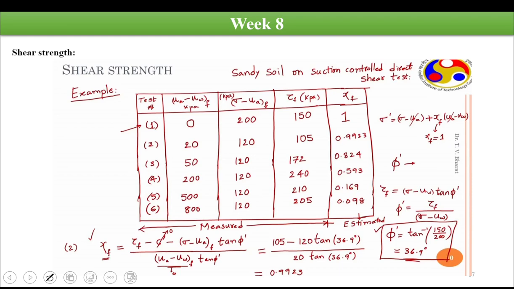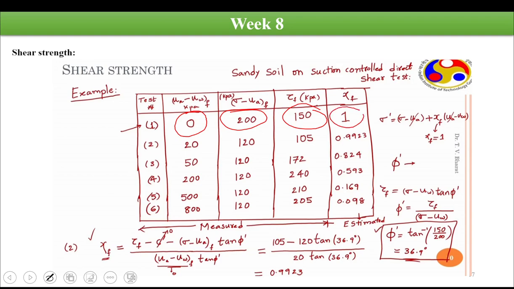The first observation says when the value of ua minus uw is zero, or the matric suction is zero, the value of sigma minus ua is 200, and the failure value of shearing stress is 150.